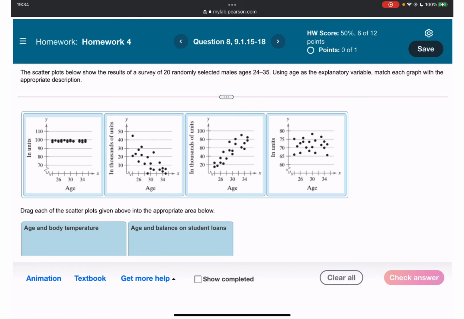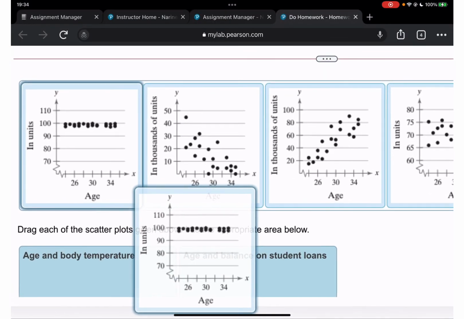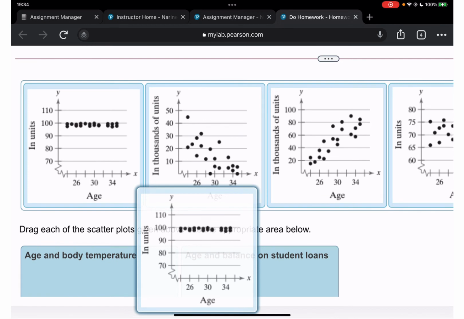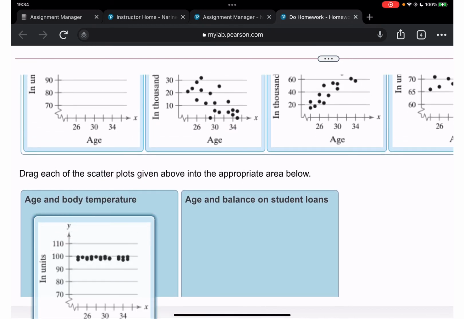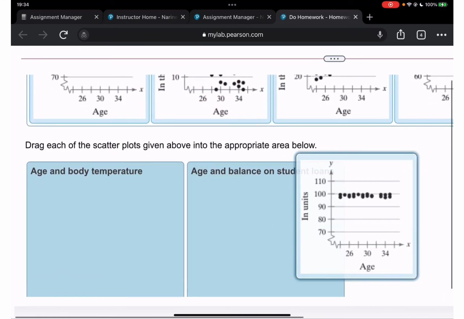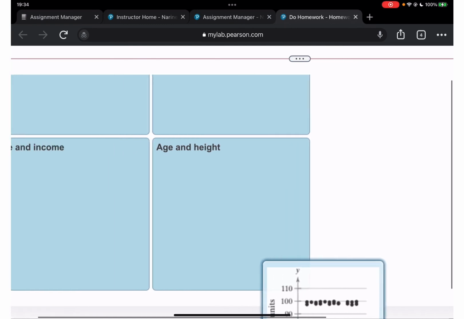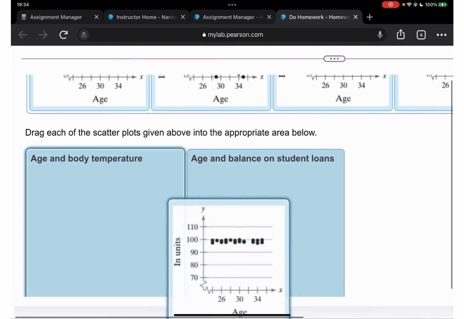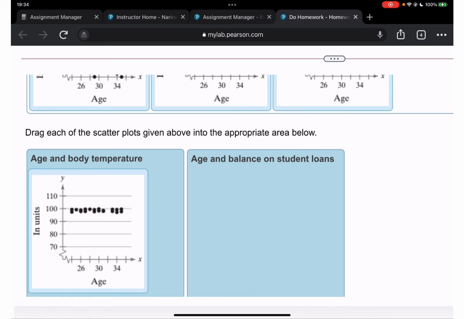Using age as an explanatory variable, match each graph with the appropriate description. Okay, so age and body temperature. Well, here we have the first one. I'm going to try and mess up again. No, okay, I give up. Oh, that worked. Amazing.